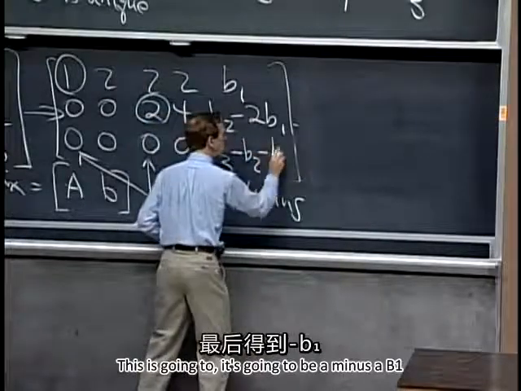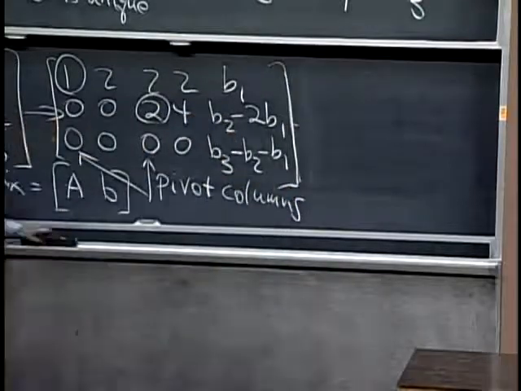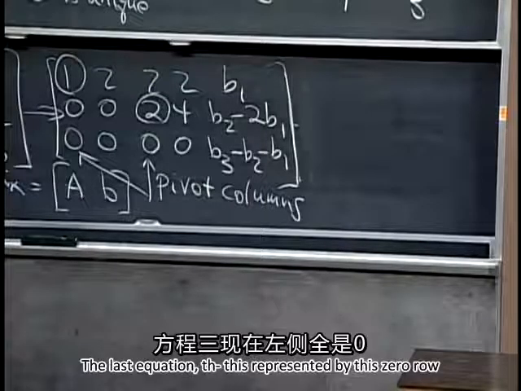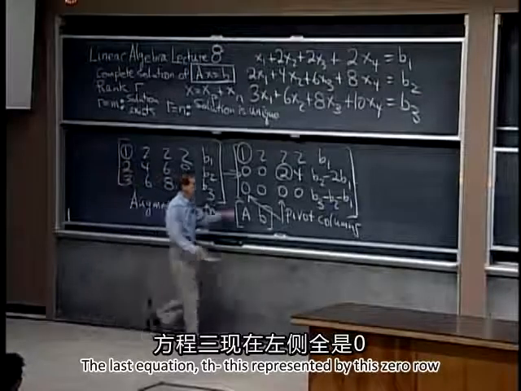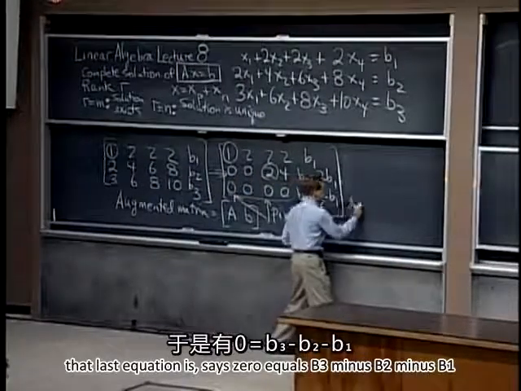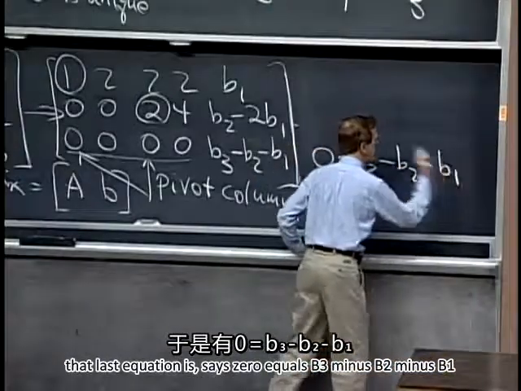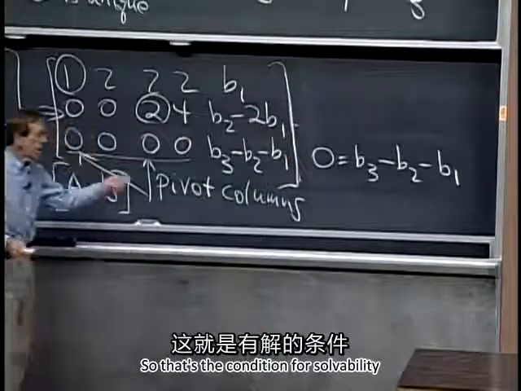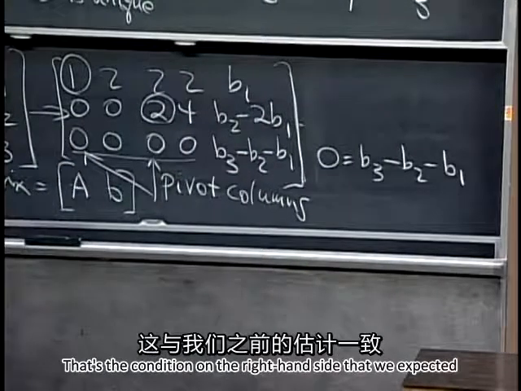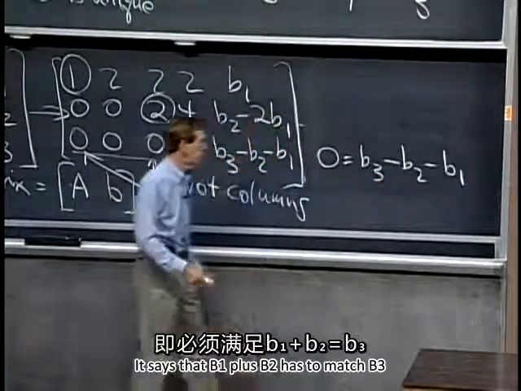It's going to be minus b1. Oh, yeah. That's exactly what I expect. So now, what's the last equation? The last equation, represented by this 0 row, says 0 equals b3 minus b2 minus b1. So that's the condition for solvability. That's the condition on the right-hand side that we expected. It says that b1 plus b2 has to match b3.